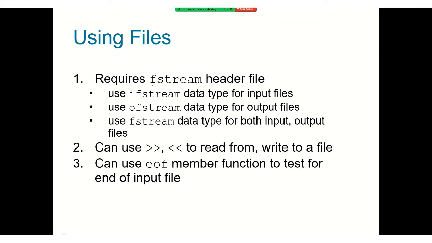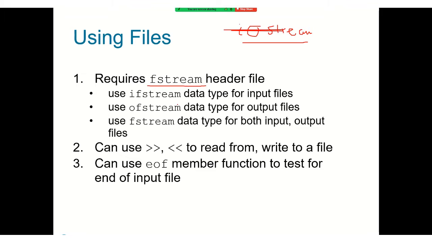Always remember, in an average C++ program, we always use iostream, right? You are familiar with that. iostream ensures that your reading and writing stuff is covered. All the utilities are there for iostream. Similarly, for files, we require the fstream header file.